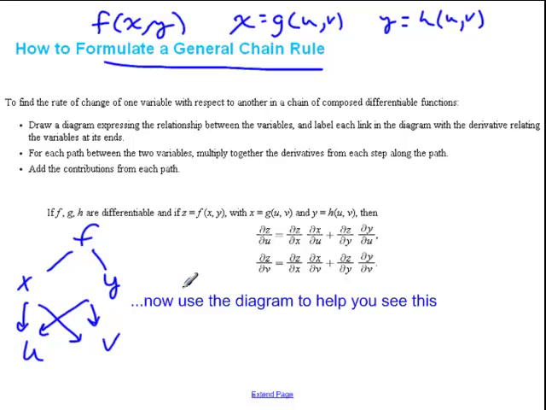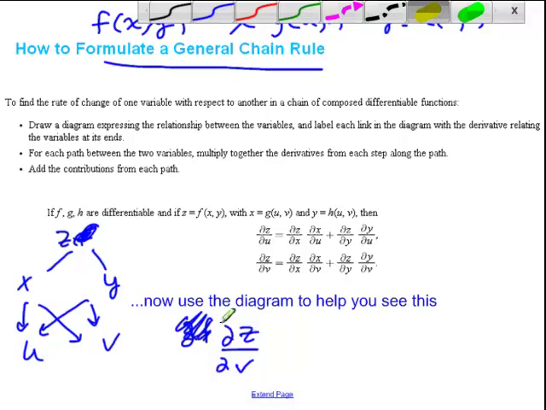So if I want to think about how my partial derivative of f, or z, let's just be consistent here, we'll call it z, changes as v changes. Now these are partial derivatives because there are two variables down here as opposed to time before.